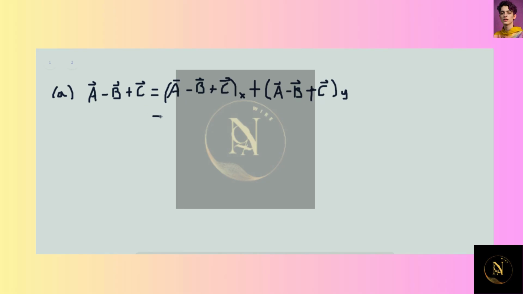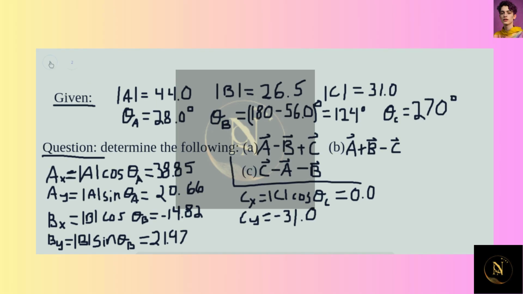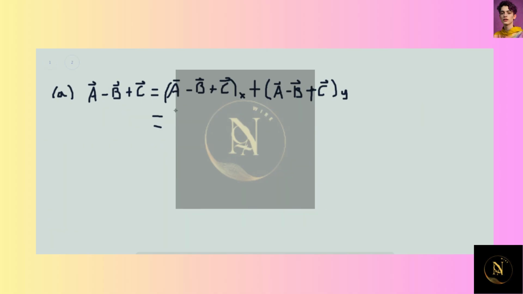Well, as we already previously calculated on this page here, if we go back and look, we have the x, y components of all of these values. So we have 38.85 for Ax, minus the x component of B, which we found to be minus 14.82.